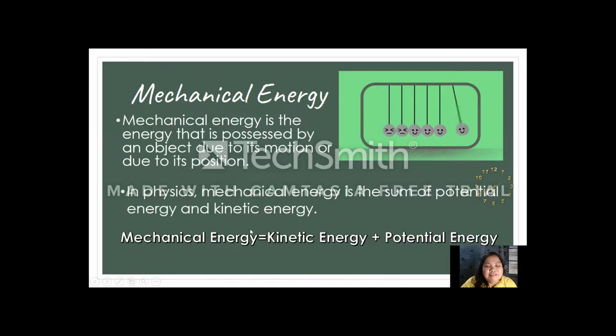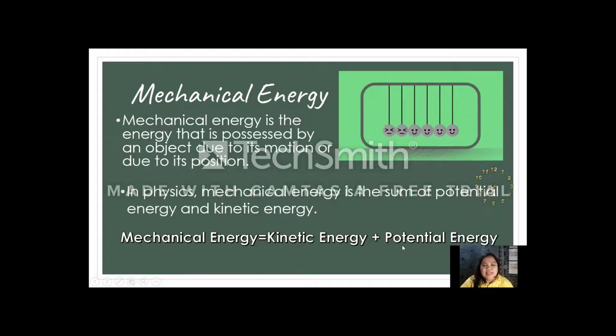Therefore, I have the following formula for that. So mechanical energy would always equal the sum of the kinetic energy and the potential energy. Therefore, mechanical energy exists in two forms, kinetic and potential.